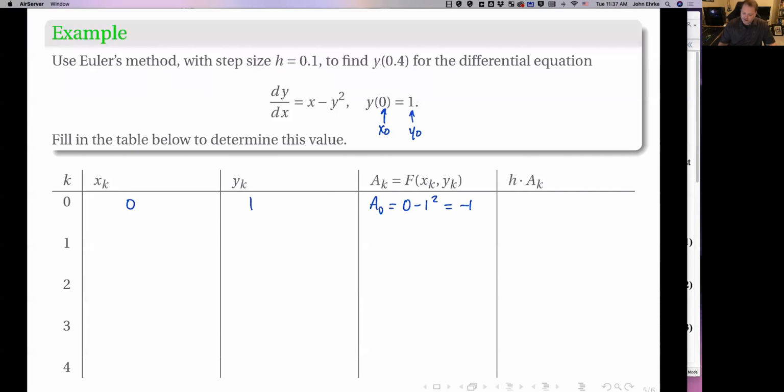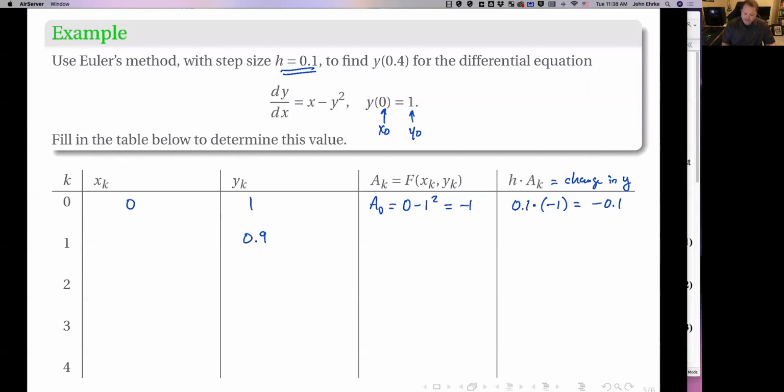I then want to figure out the change in Y. The change in the Y value is the step size, which you've been told for this problem is 0.1, times the slope. So we've got negative 0.1, that's the change in Y. So you take the change in Y and change the Y value by that amount. Subtracting 0.1 from the previous value, we get 0.9.